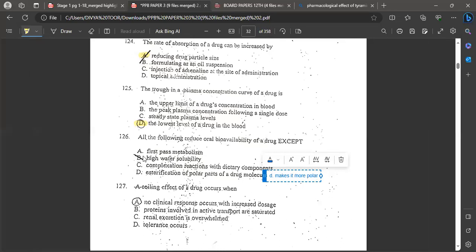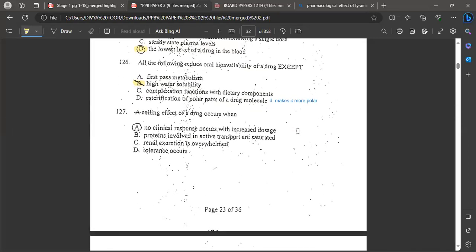So you're saying a high water solubility will reduce oral bioavailability of a drug. So a high water solubility will increase bioavailability. Means it's more hydrophilic and not lipophilic. So crossing the membrane barriers, it's gonna be a problem.